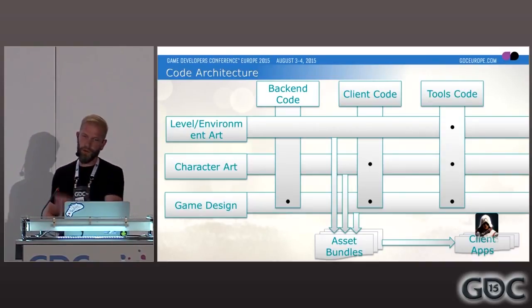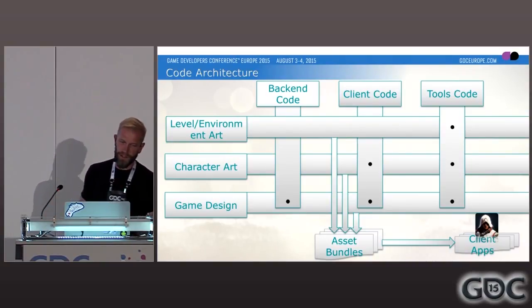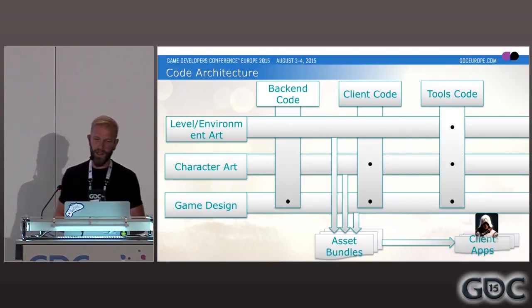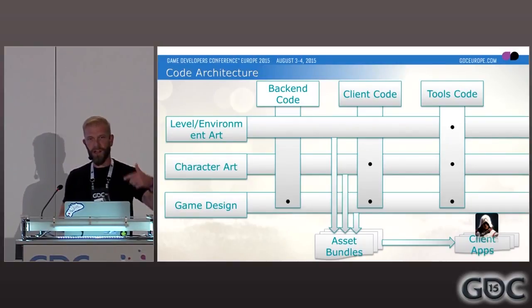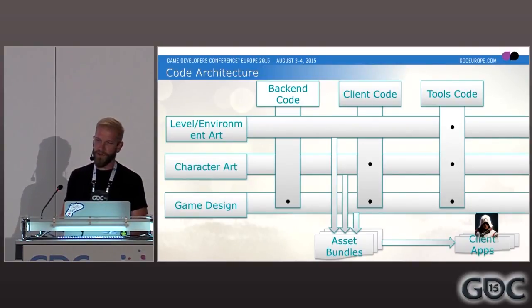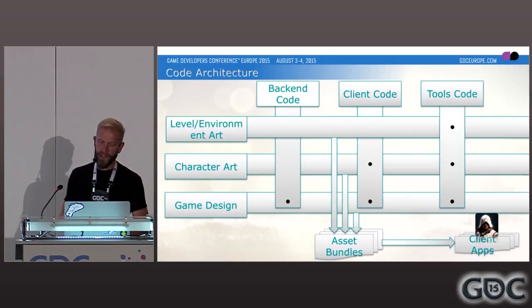So we have these different code departments. We have different non-coding teams, which is level and environment art, character art, and game design. And they have different connecting points. What we also did is, from each of the art departments, asset bundles are created. These asset bundles are the content packages we are going to deliver, and these content packages finally make it into the client app.